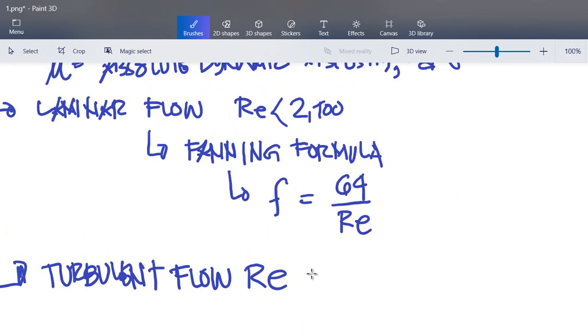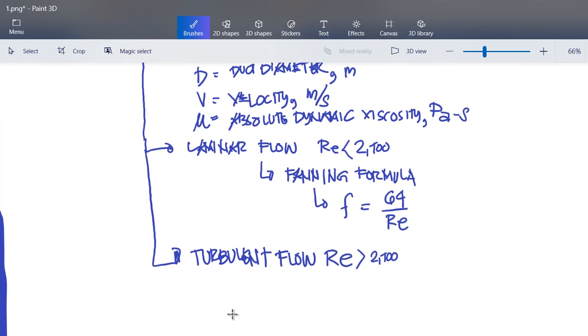So the turbulent flow will be Re greater than 2100. Now if it is turbulent flow, you will be using your Moody's diagram.